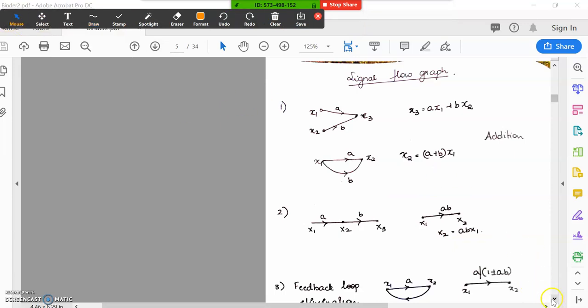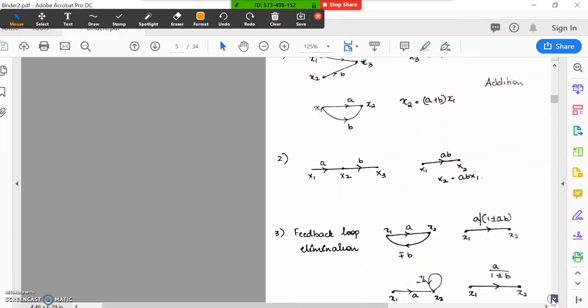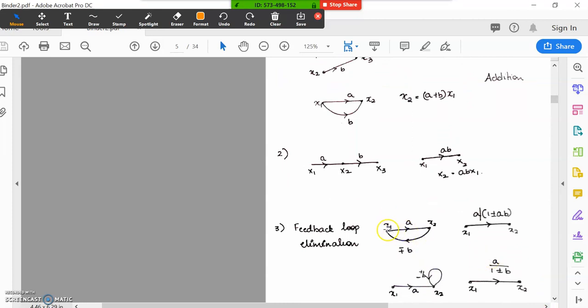And to the next one now, feedback. How to represent a feedback: from x1 to x2 there is a signal flowing and the gain is a. Again there is a feedback from x2 to x1, and the feedback can be either plus or minus b. So this equation is similar to what we did in block diagram reduction.